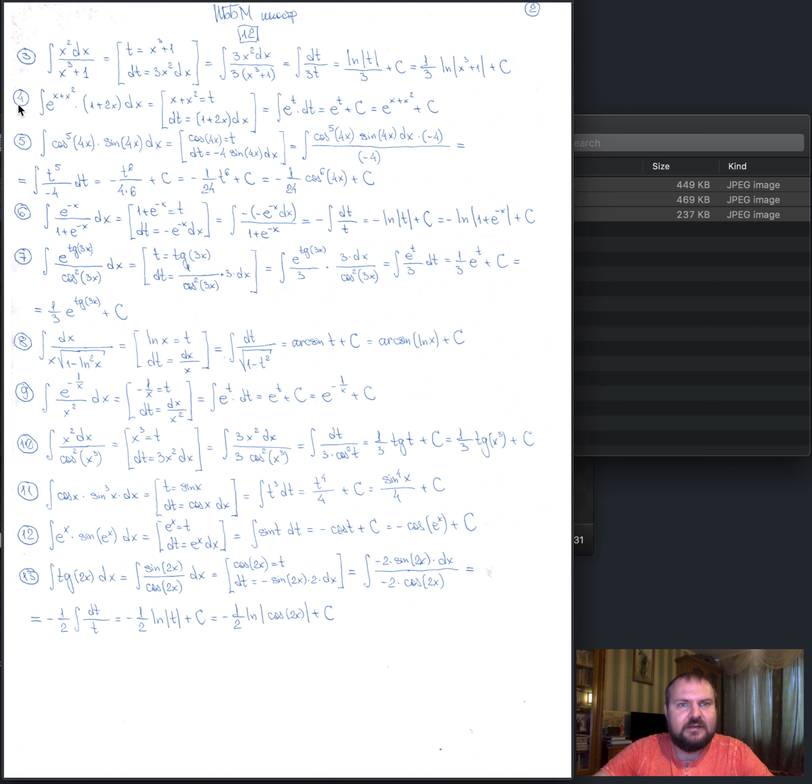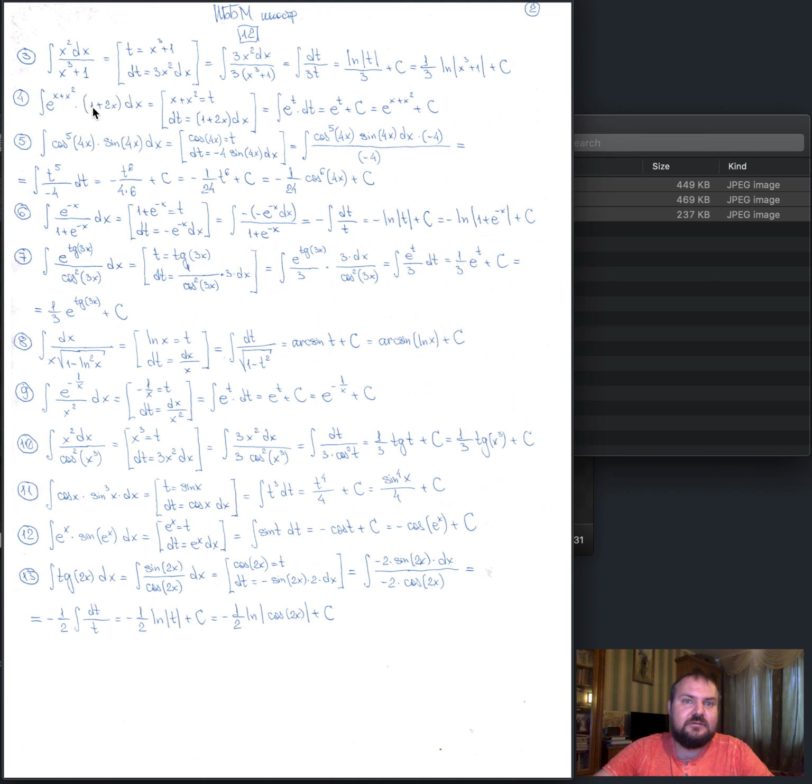Okay, example number 4. Integral e to the power of the expression x plus x squared, multiplied by the bracket 1 plus 2x dx. We make a change, let x plus x squared be equal to t. We find dt, it would be 1 plus 2x dx.